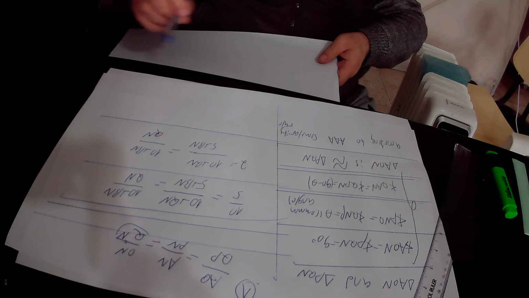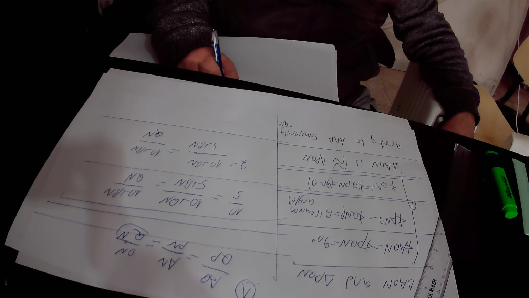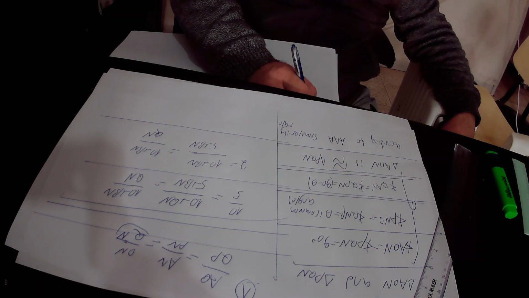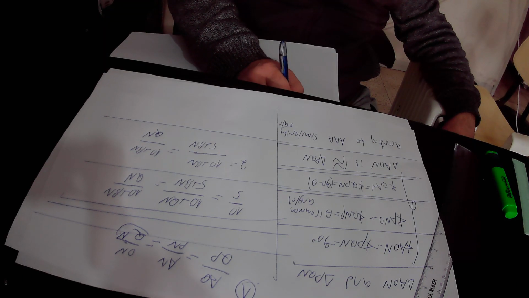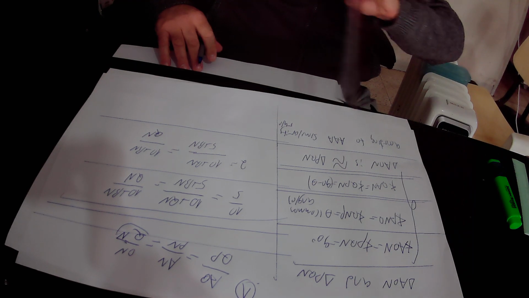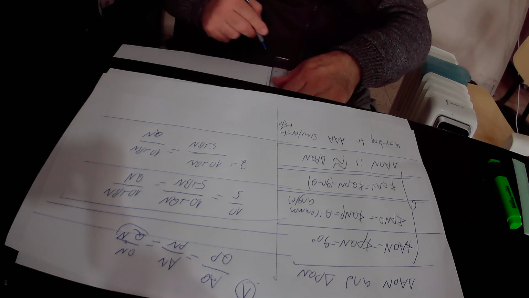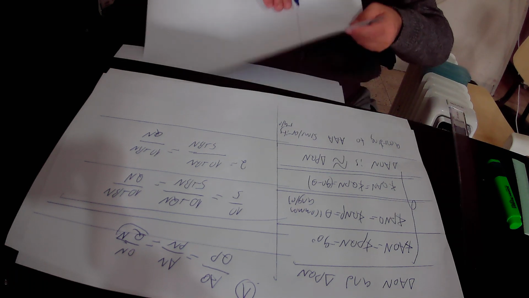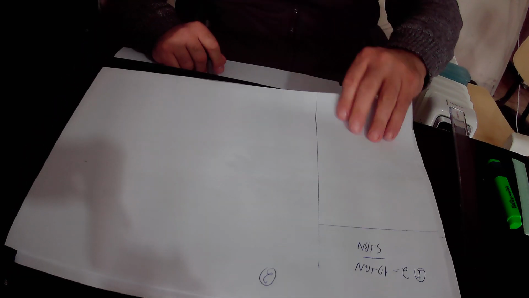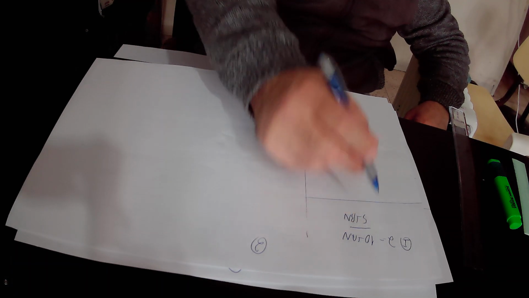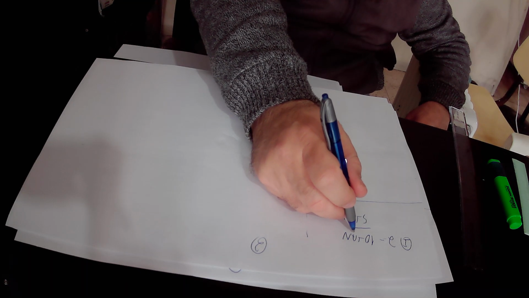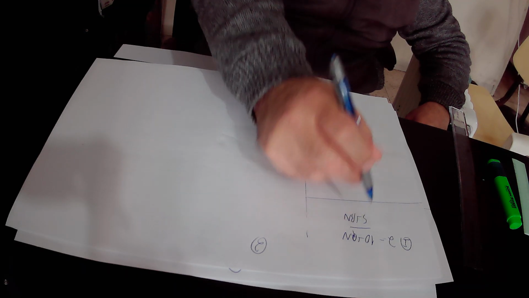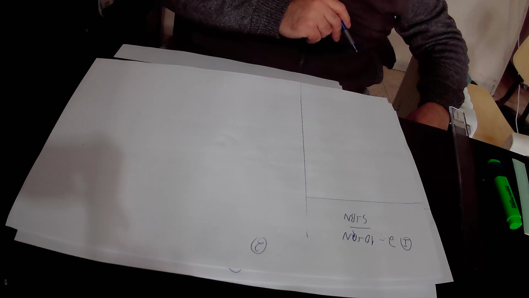So according to equation number 1, 2 equals 10 plus QN over 5 plus BN.